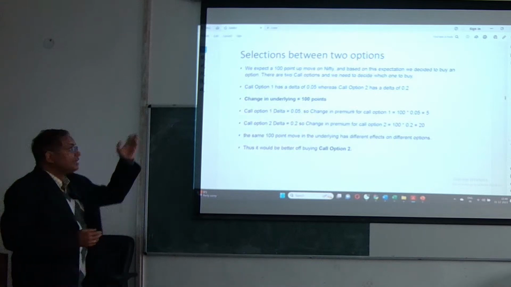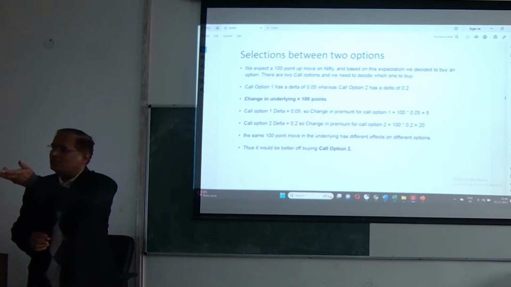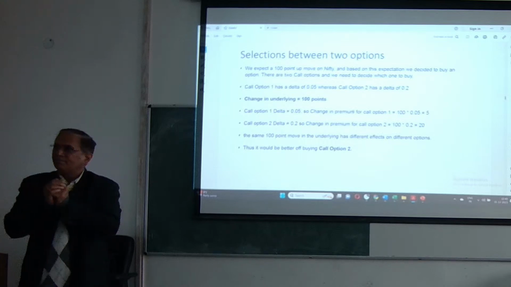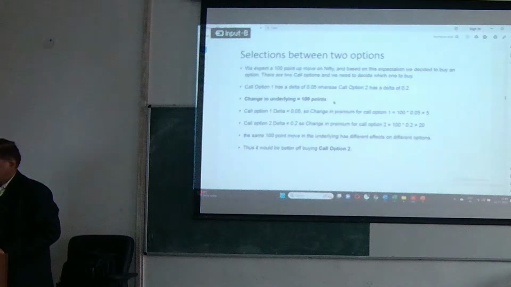Because 0.05 means movement 0.05 times only, 0.2 means a bigger movement. What we are trying to do is capture a bigger movement, so more benefit should be there. Now the same 100-point move will give you more benefit for the second call option, so call option 2 is going to be applicable.